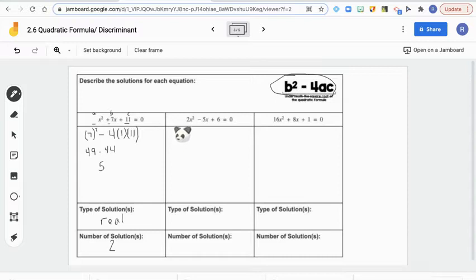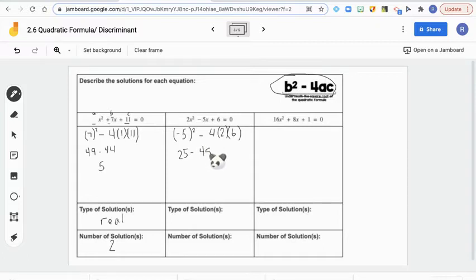Again, we want b squared, which in this case is negative 5, b squared minus 4 times A times our C. So negative 5 squared is 25 minus 4 times 2 is 8, and 6 times 8 is 48.